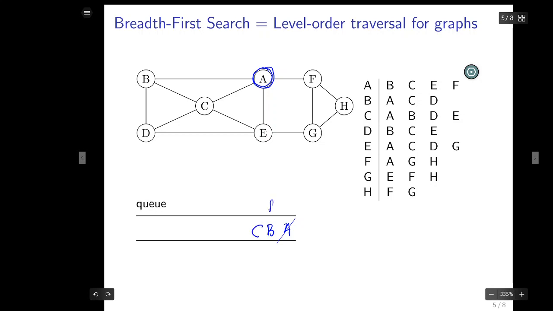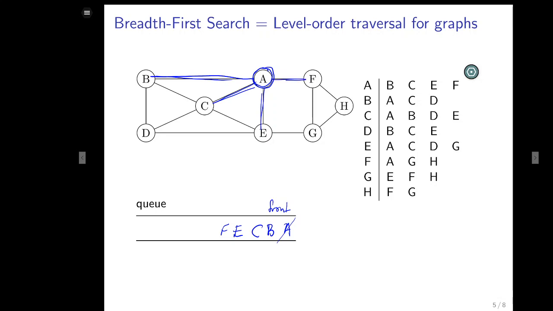By the way, this is the front of my queue, if you were wondering. B, C, E, F. Those are the only things that I can get to in one edge from A. And I record the fact that I can get to them by one edge, like this.